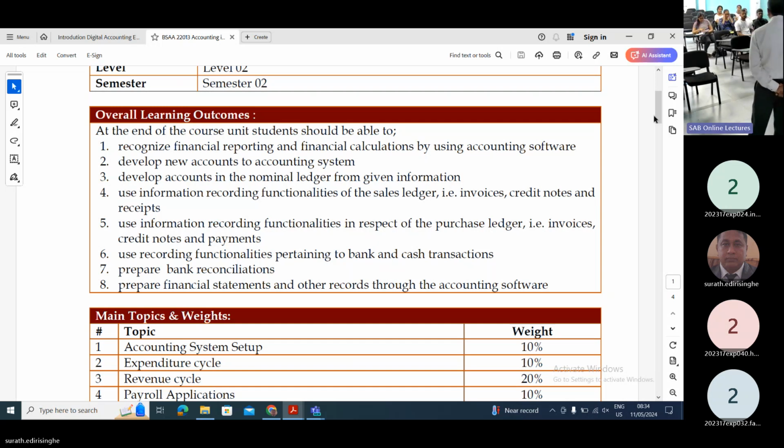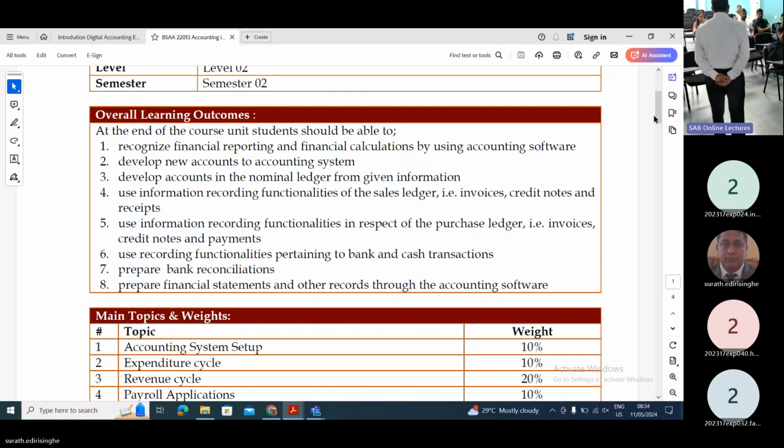In normal accounting, manual accounting transactions are recorded and analyzed by the accounting software. All the calculation, generating of financial statements, transaction reports, everything is generated through the computerized system without using papers and ledger books.